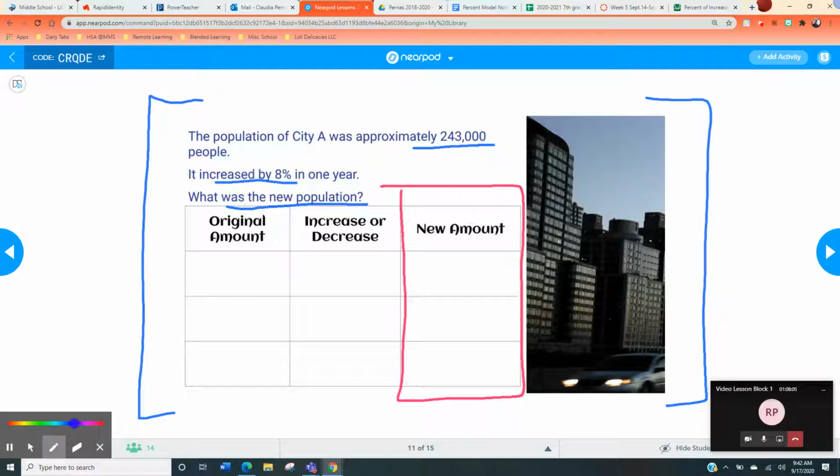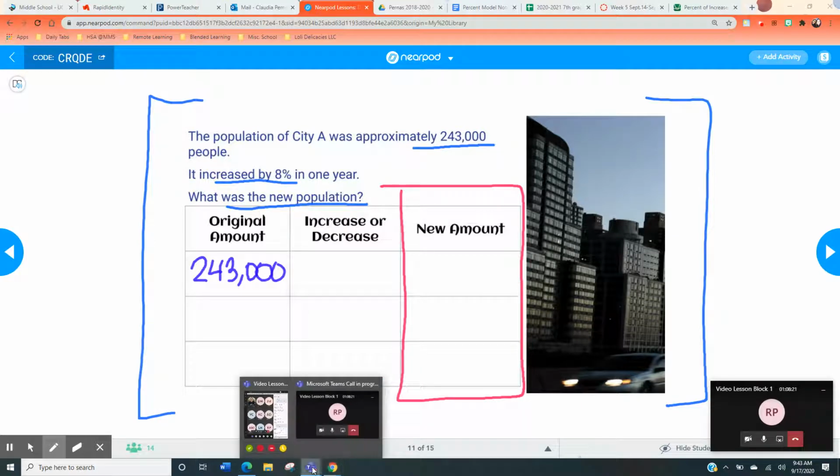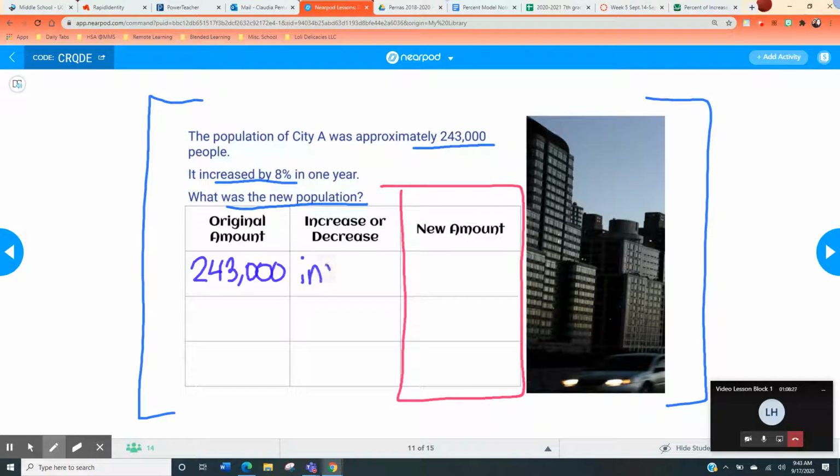My original amount is 243,000. Is this an increase problem or a decrease problem? Increase problem. Perfect. So I'm going to put increase in here. Do I know my new amount? No, I don't. So I'm going to put that question mark right there. On your paper, you should have it set up just like this.